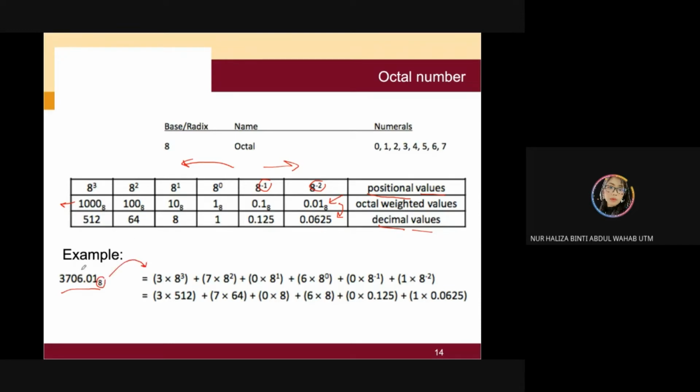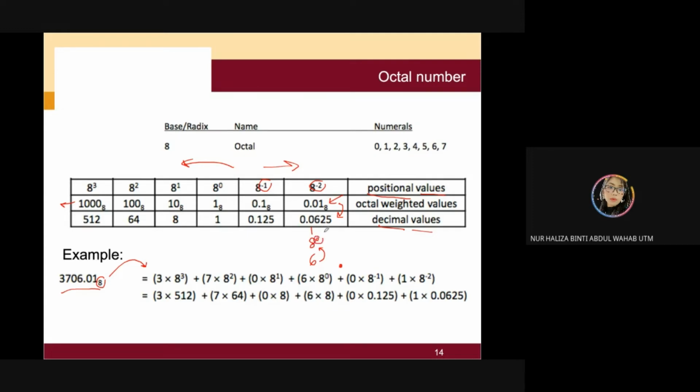What you will do is, we start over here. On our 6, it will be 8 to the power of 0. The value will be 1. So you multiply by 8 to the power of 0. Is it 1 or 8?